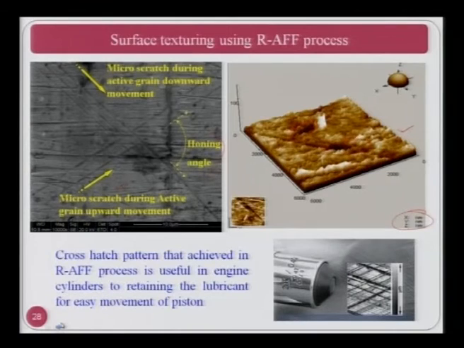So the cross hatch pattern that is achieved in the RAFF process is useful in engine cylinders for retaining the lubricant for easy movement of the piston, because in certain applications we want the lubricant to be retained at the interface of the two moving bodies, say piston and cylinder.